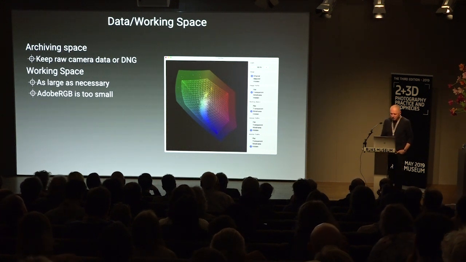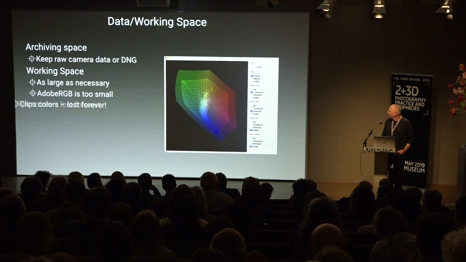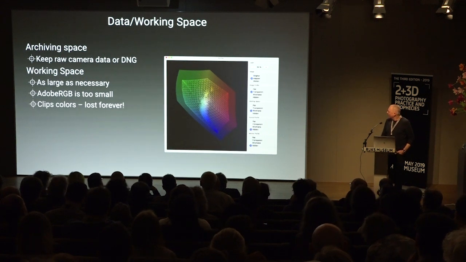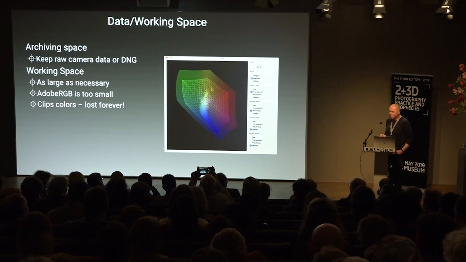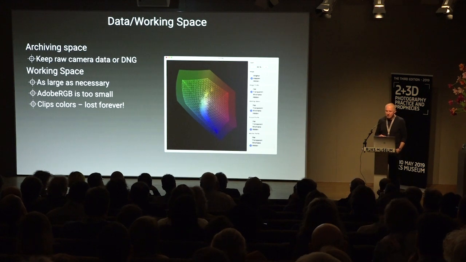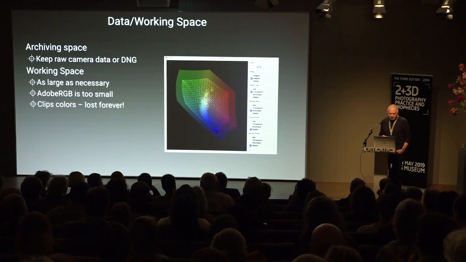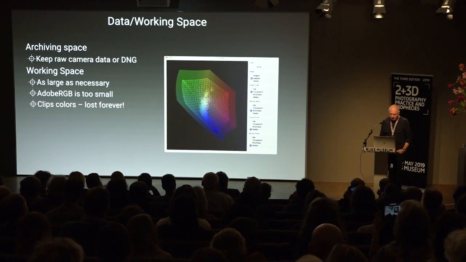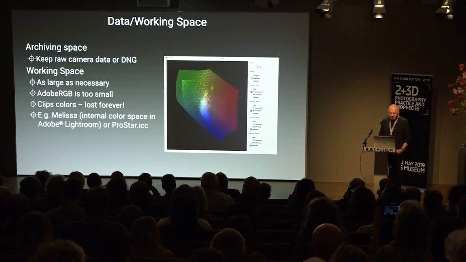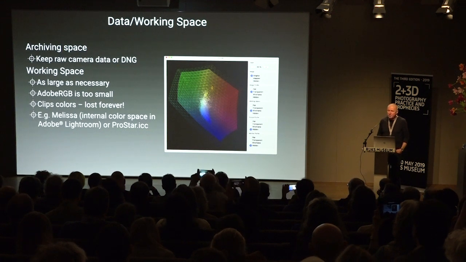If we convert to Adobe RGB, that's what you get. Colors get clipped at the edge of the Adobe RGB color space, and they are lost forever. So what you need is a color space that's large enough.